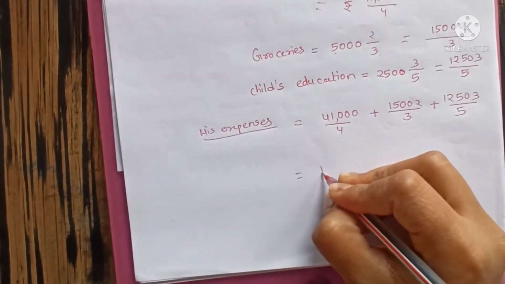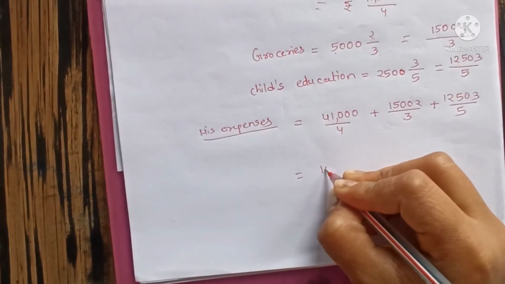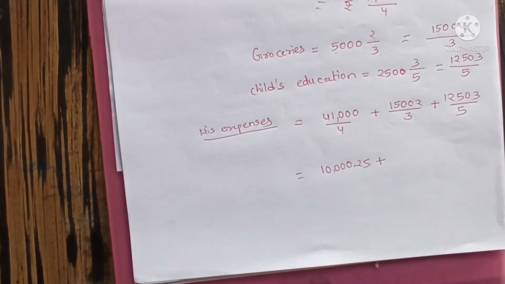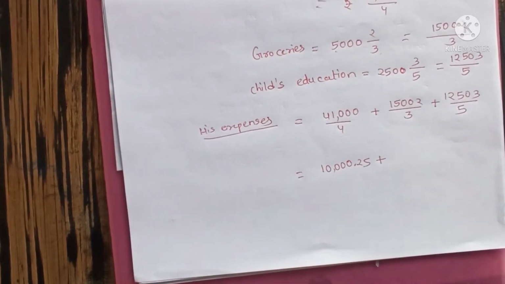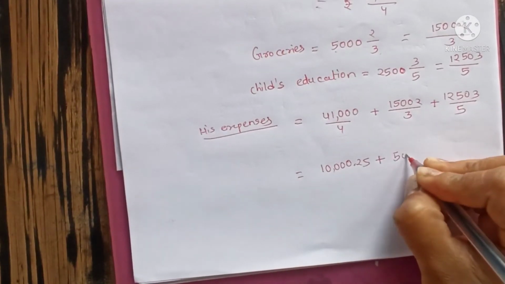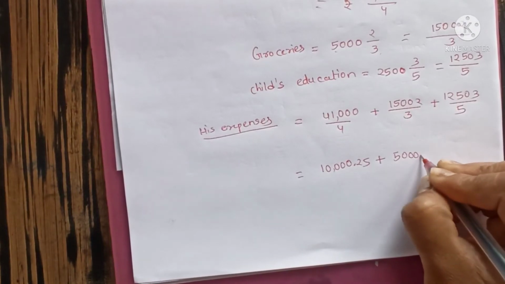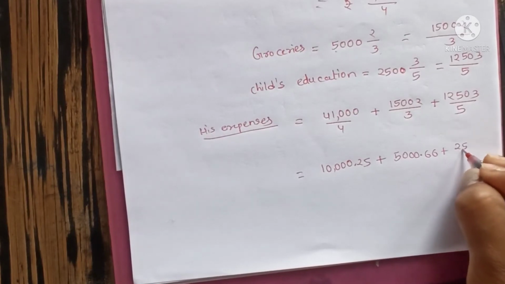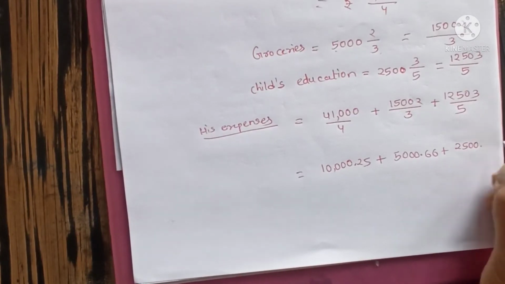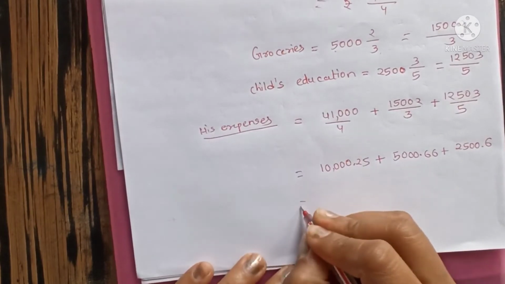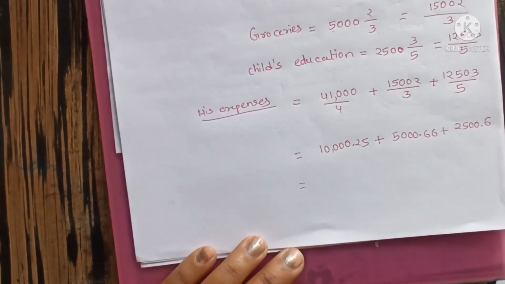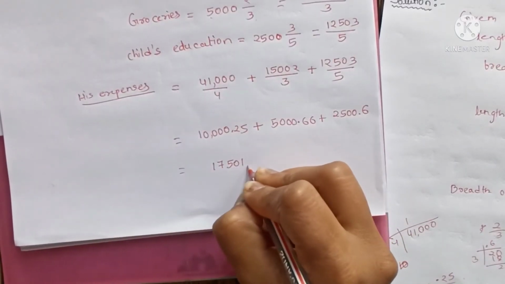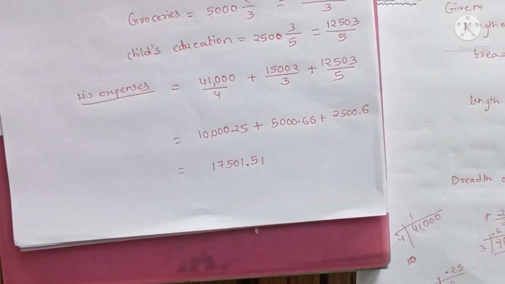So this will become 10,000.25, plus the second one will become 5,000.66, plus the third one will become 22,500.6. Now we'll add these 3. So after adding we'll get here 17,501.51. These are his expenses.